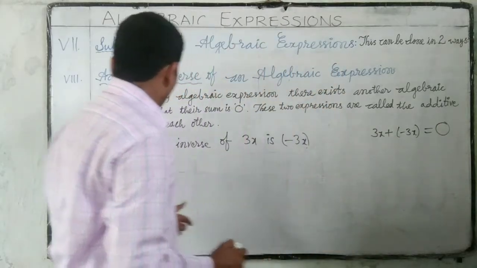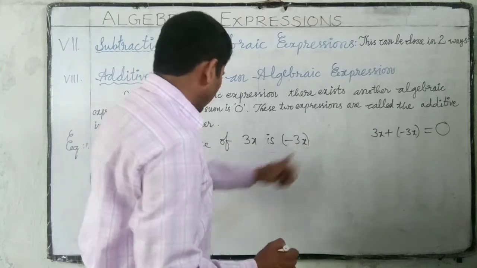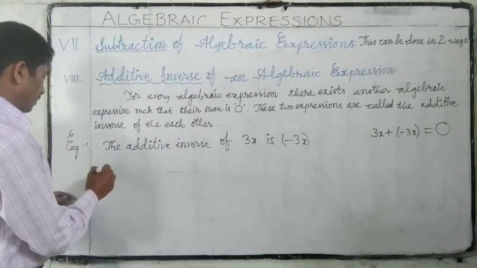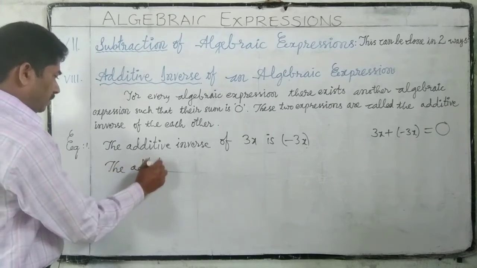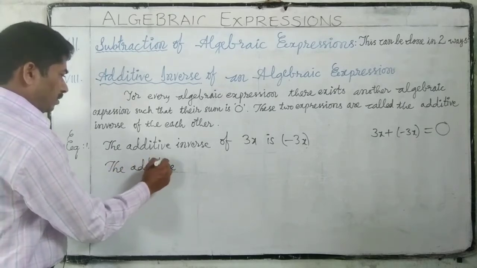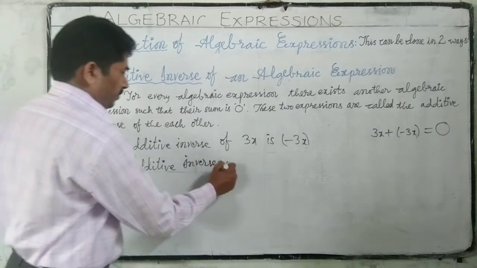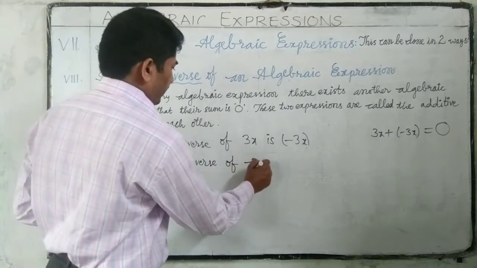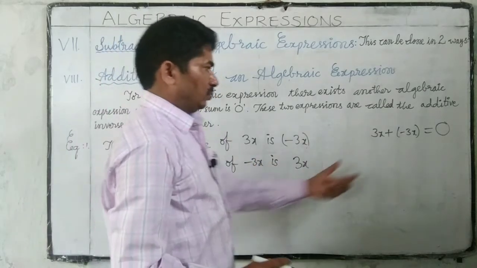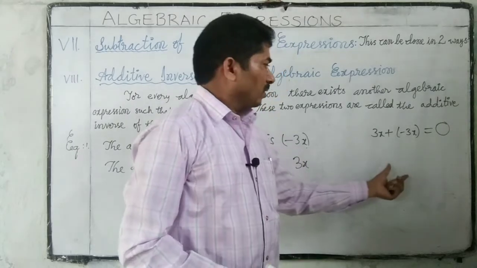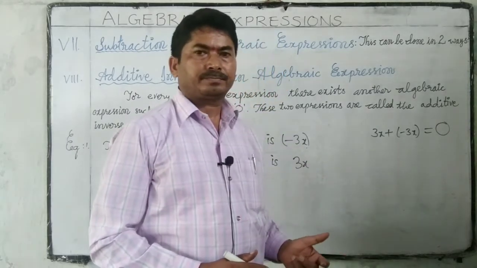So that's why the additive inverse of 3x is minus 3x. And also the additive inverse of minus 3x is plus 3x. So these two are additive inverses of each other.